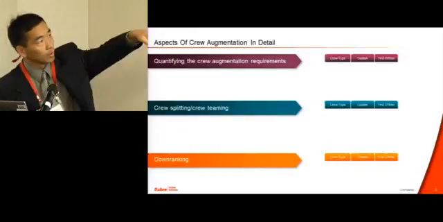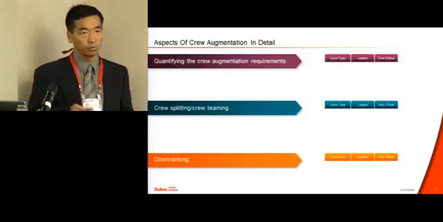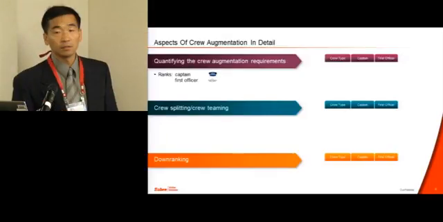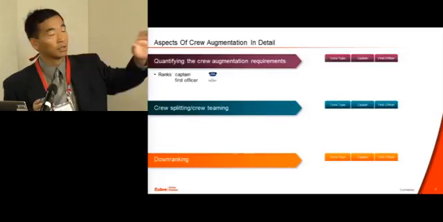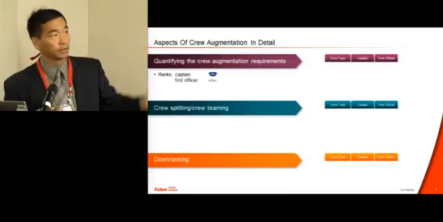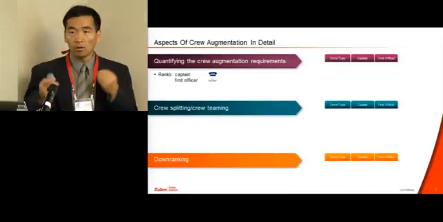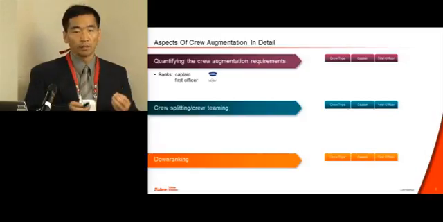The first one is the dynamic requirement part. Let's quantify the crew augmentation requirements. Airlines usually divide their pilots into two separate groups. One is the captain, which is the top rank. The first officer is the second rank. The crew required for a flight usually comes as a group of pilots.